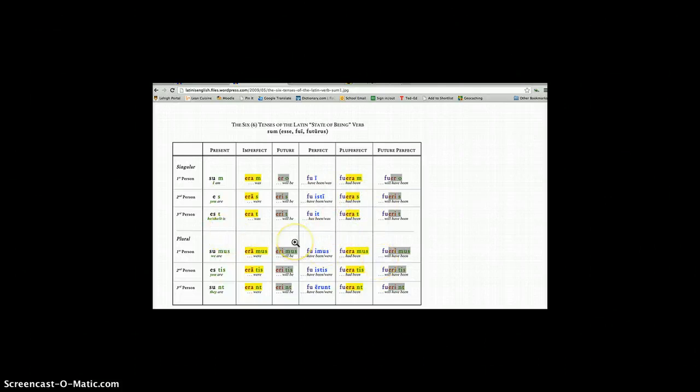Okay, so you just have to sort of relax when it comes to irregular verbs. Know what verb it comes from. Know that the fu verbs are really sum, to be, just in a different tense. Know that, but you don't have to know each individual form. Okay? And your endings mean the same thing.